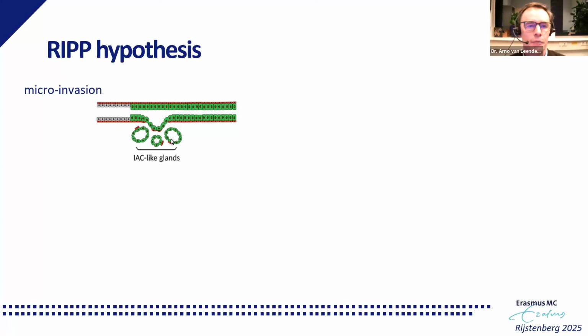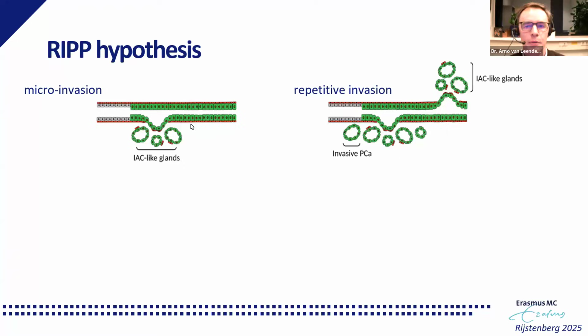Now, as time goes on, a few things happen. First, the invasive part becomes more invasive, and finally the invasive glands will completely lose the basal cell layer. But as the high-grade PIN cells already accumulated genomic alterations that enabled them to invade the stroma, why would that just happen once? It could happen twice or even more times.